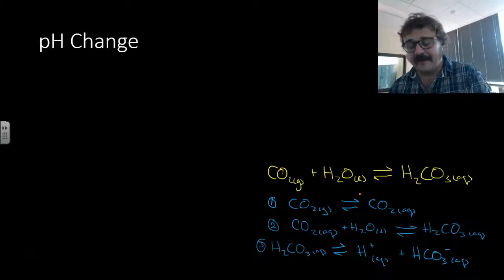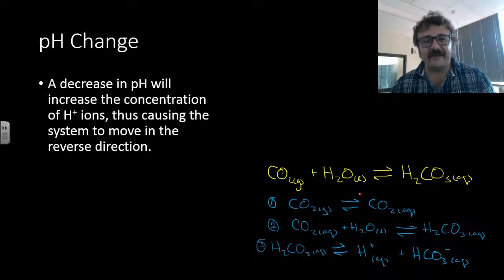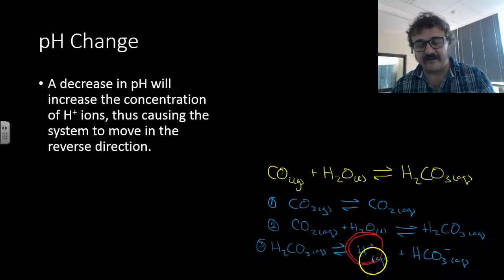If we change the pH, in this case, pH is a change in concentration of carbonic acid. So if we decrease the pH, essentially we are adding hydronium ions, or adding hydrogen ions, which is just down here. This increases the concentration of the hydrogen ions, which drives this reaction to the reverse side.